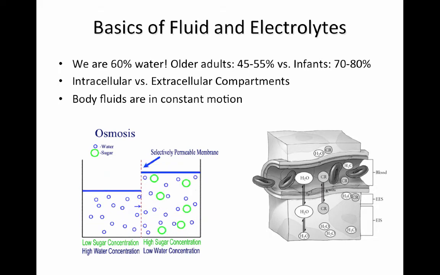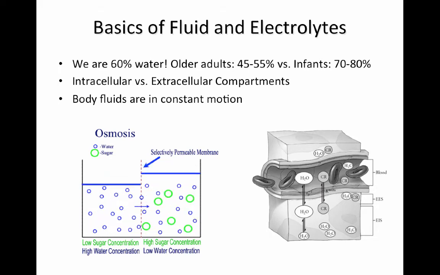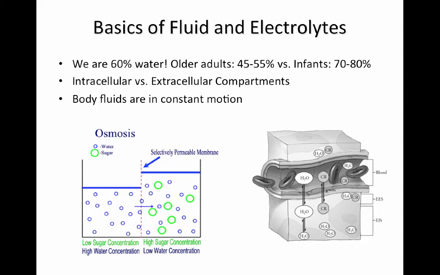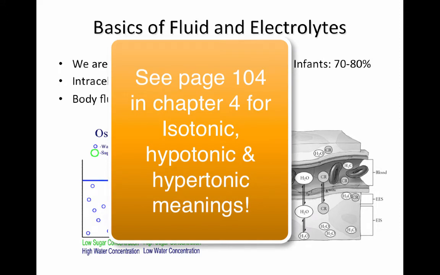If we put a hypertonic solution into the intravascular space, it's going to make the intravascular space hypertonic, which means it's going to have more solutes than water, and that's going to cause water to move from the intracellular space into the intravascular space.